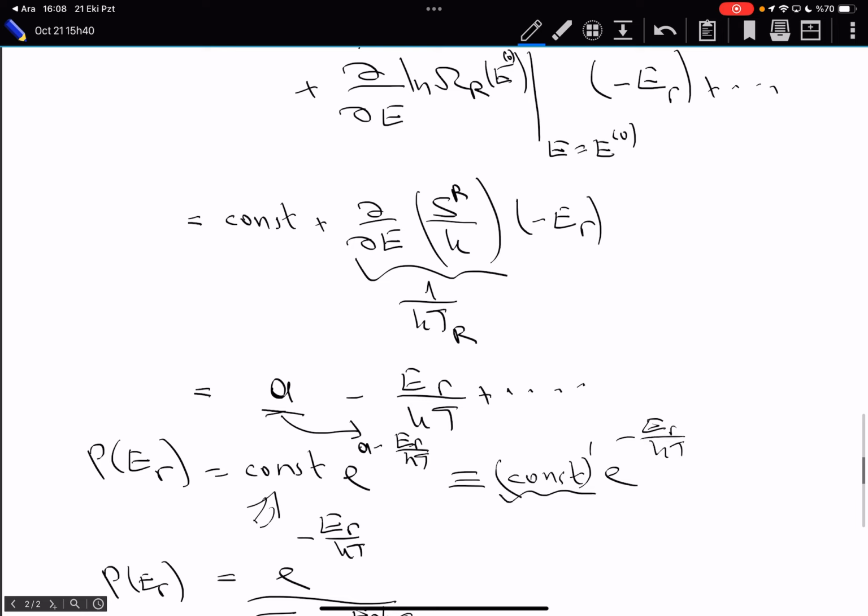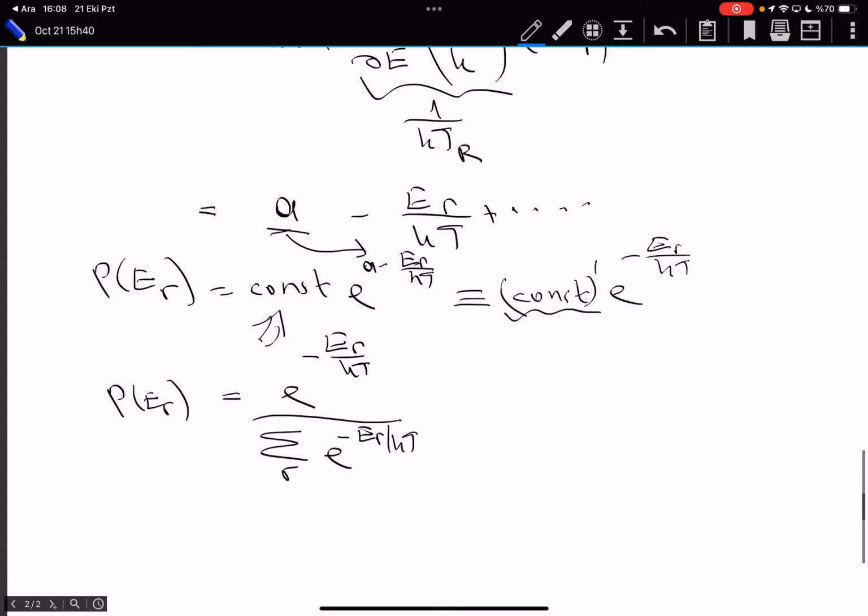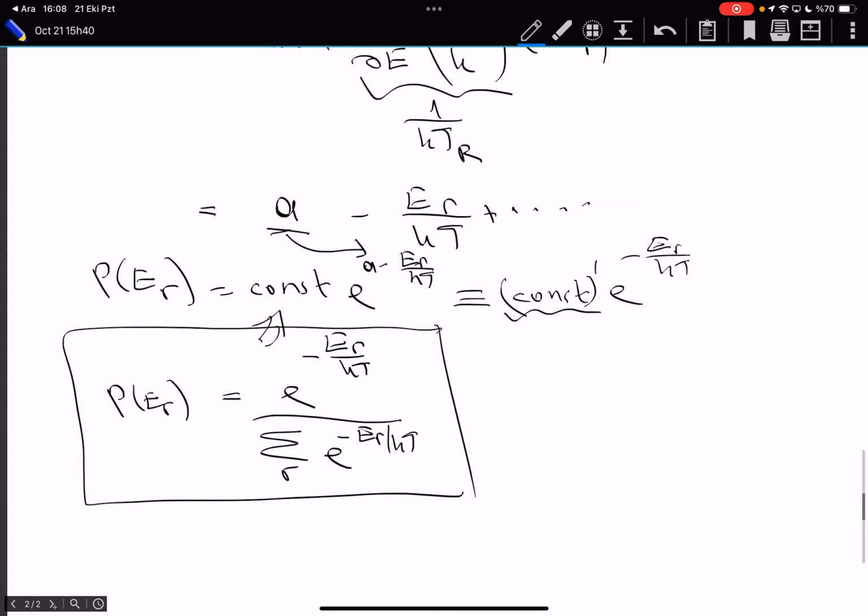Now this constant is determined by the total number of microstates of the reservoir and also this small a. But I don't need to calculate it from the total number of microstates of the reservoir. I can just use the fact that the total probability should be 1, and hence I get this expression. Sum over R, P of R should be equal to 1.